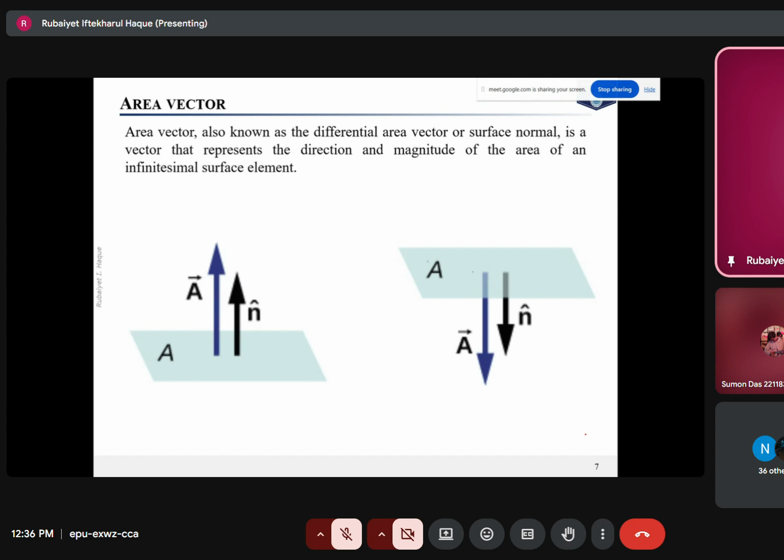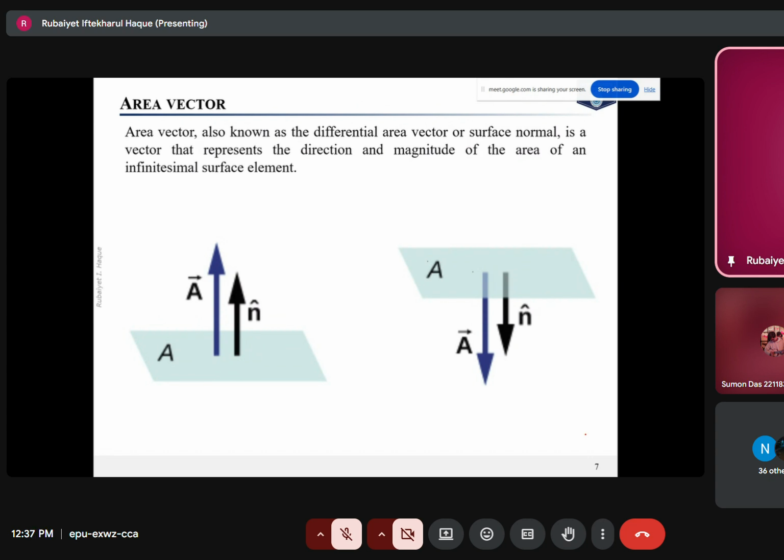But for one particular problem, if you say upward is my vector direction, then you have to maintain the same vector direction. In the same problem, you cannot say in one case it is upward and in another case downward. Whatever you choose, up or down, it's up to you, but once you choose it, it stays for that particular problem.